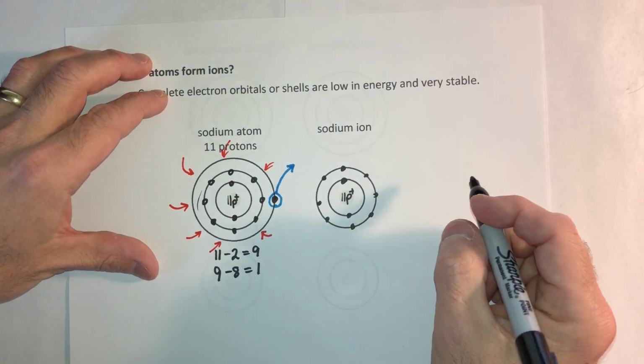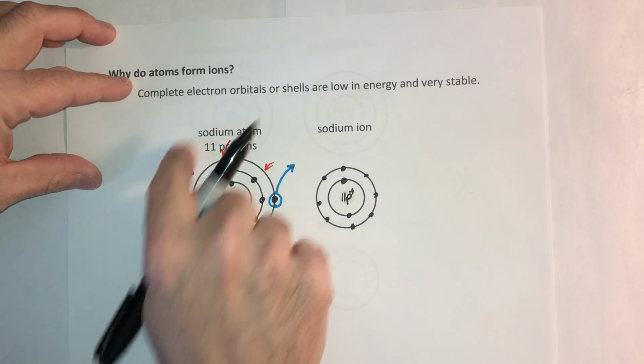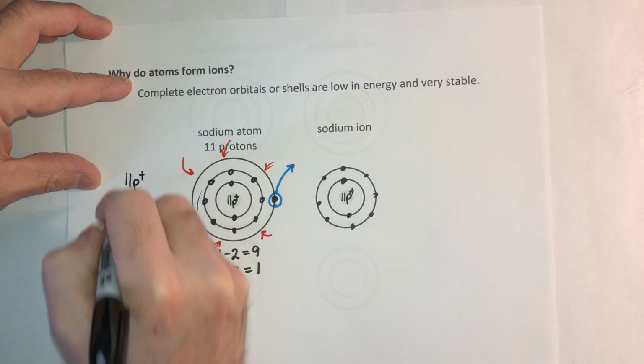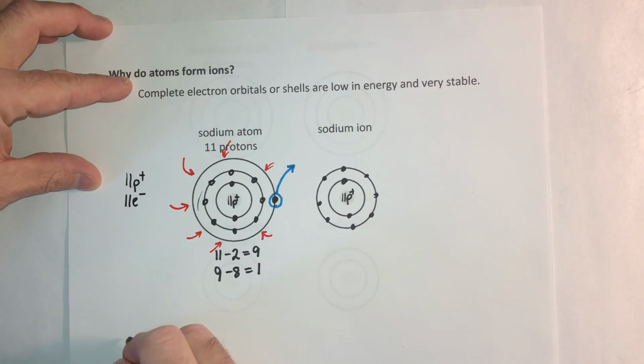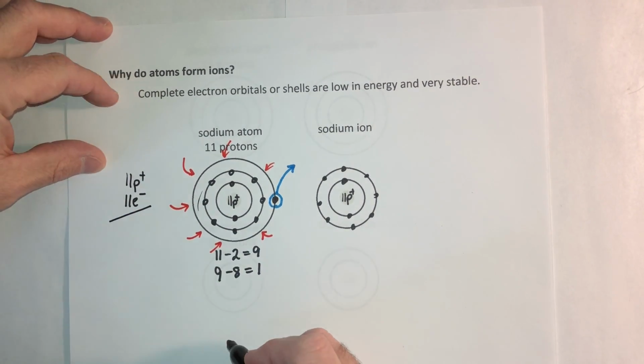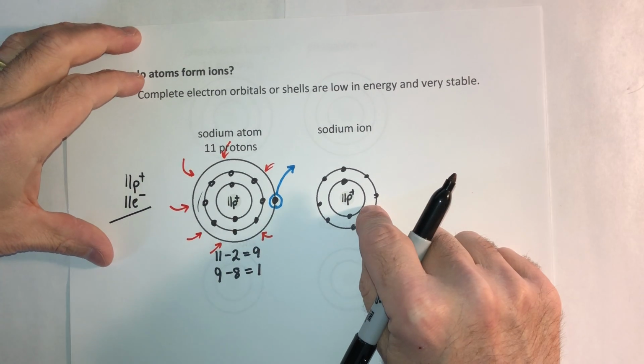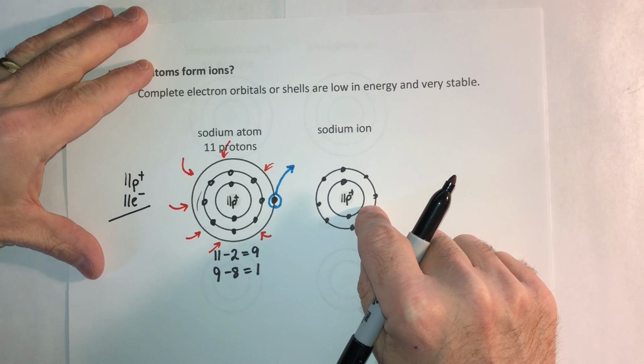Now, if we talk about electrically neutral, over here you had 11 positive protons and 11 negative electrons, and basically they canceled out. Positives and negatives cancel. But on this side, you don't have a balance anymore.